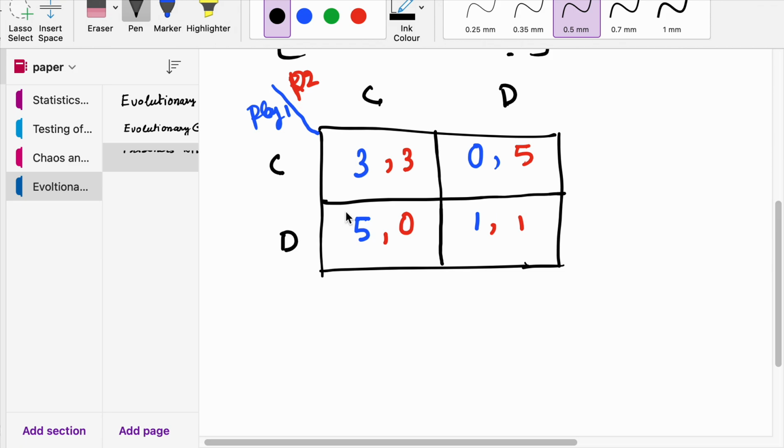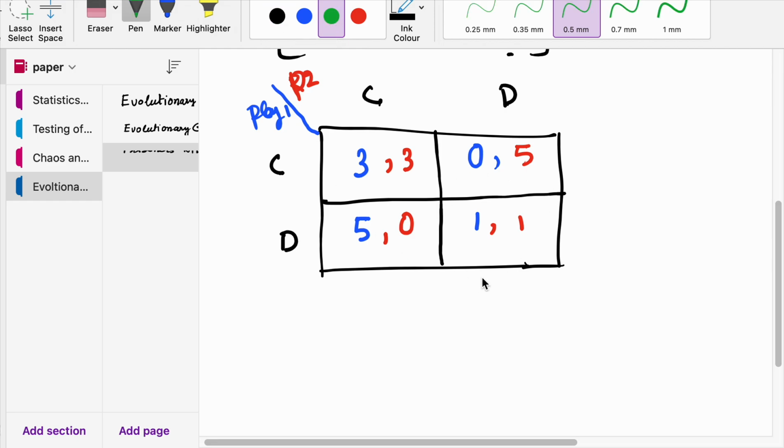As far as player two is concerned, if player one defects and player two cooperates, he will get 0, so player two would also like to defect. If player one cooperates, he would always be in fear that player two may defect to get the payoff of 5. And so probably both will defect.